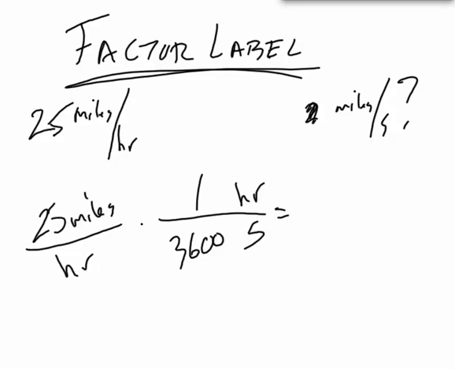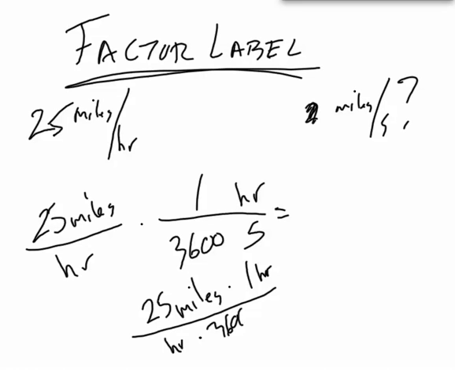And what that looks like, just for everyone's sake, I'm going to write it fully out. 25 miles times 1 hour, and that's all over hours times 3,600 seconds. Well, we can see that hours factored out. So that's 1 over 1, right? So 25 miles times 1 is going to be 25 miles.